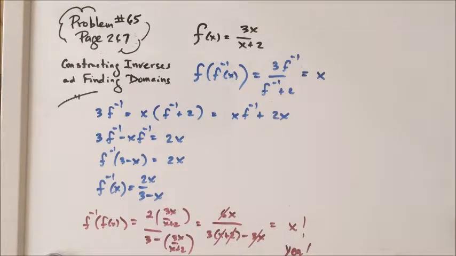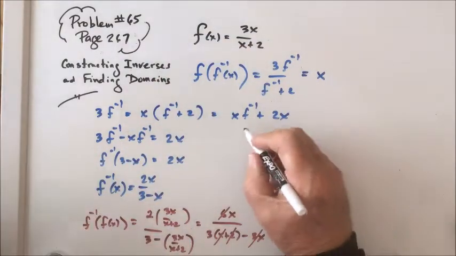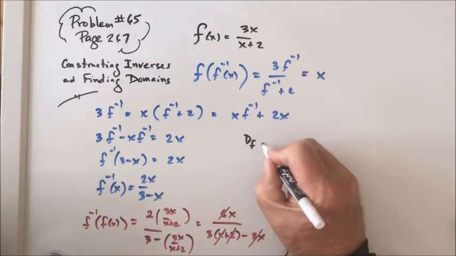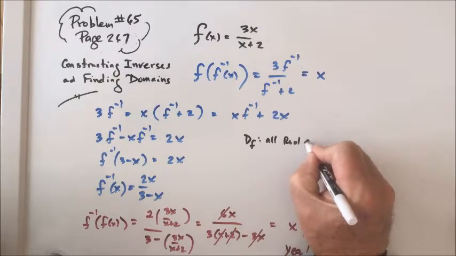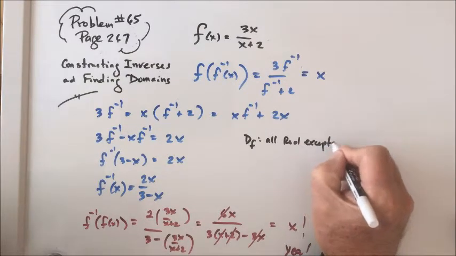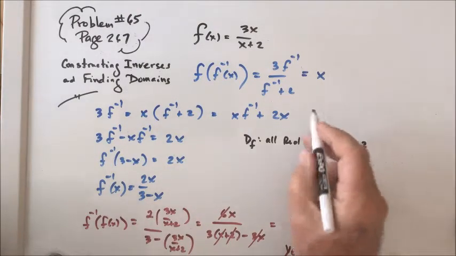Okay, let's quickly knock off the rest of this problem. If this is f of x, the domain of f of x is clearly all reals except x equals minus 2, right?